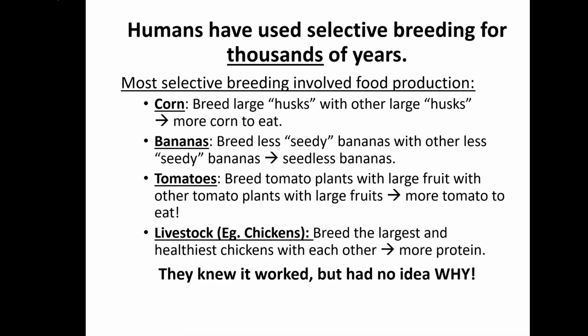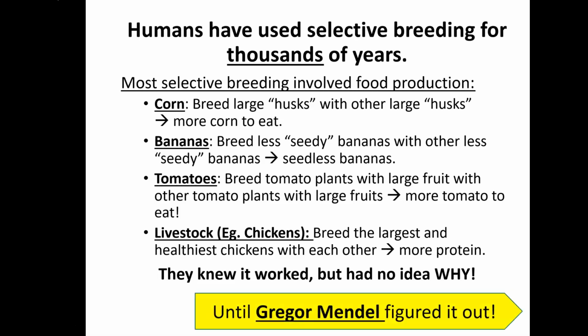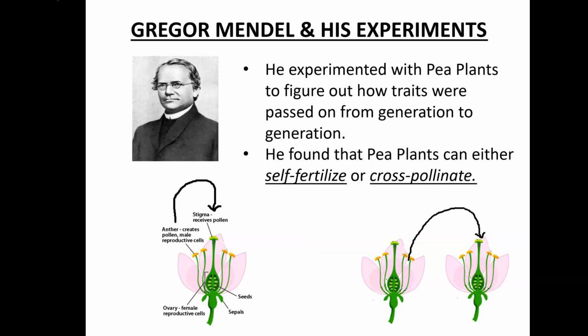They didn't know about the genetics related to how selective breeding actually works until this person came along, Gregor Mendel, the father of genetics, who figured it all out. So Gregor Mendel, as I mentioned before, was an Austrian monk, and he was the first to do many different investigations.